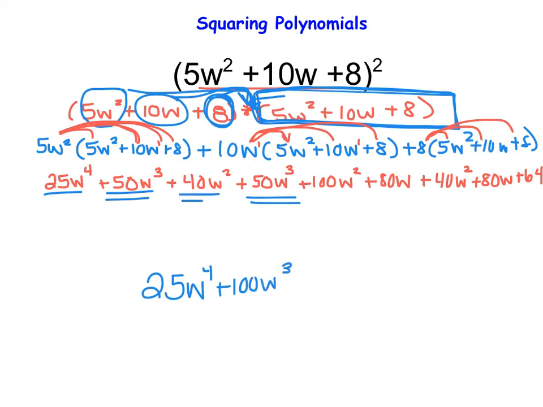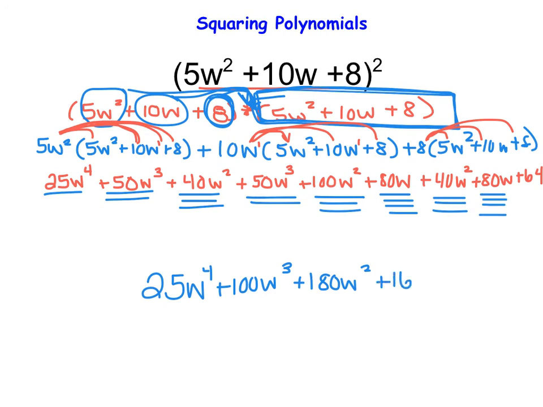I then have multiple w squareds. 40 plus 100 is 140, plus 40 more is 180 w squareds. Then I have some just w's. 80 plus 80 gives me 160 w. And then last but not least is just my constant of 64.